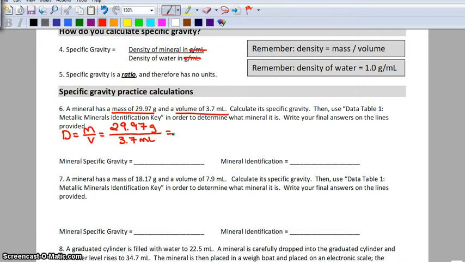Put that in. What you should get is 8.1 grams per milliliter as the density. Now, we're not done. That gives us the density. We want specific gravity. So specific gravity equals the density of the mineral divided by the density of water.